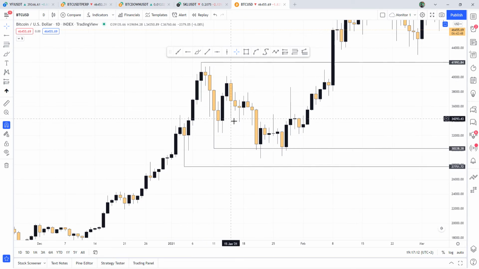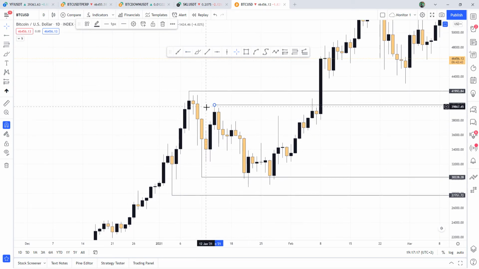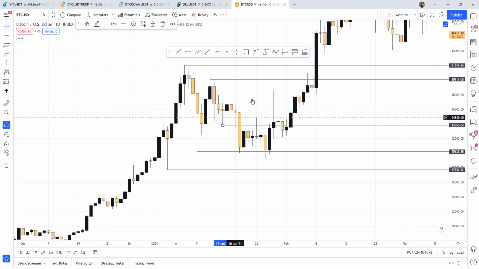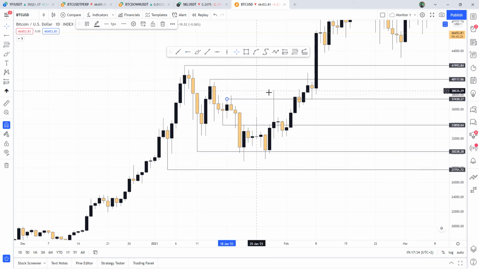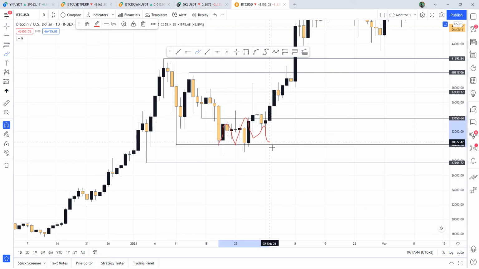Then you have two candles up, so you mark this as resistance. Then you have three candles down and you mark this as support. Then you have one candle up, you can mark this as resistance. And from here you don't need to mark anymore because it moves inside this range.